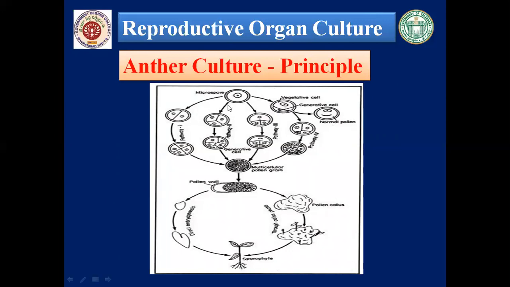Now this multicellular pollen grain is a viable pollen grain, and either through direct embryogenesis, or through indirect organogenesis, that is formation of callus, in either way it forms haploid plantlets. Okay, so the vegetative cell of the microspore or the pollen grain is very, very important, whereas the generative cell degenerates or is abortive in nature.